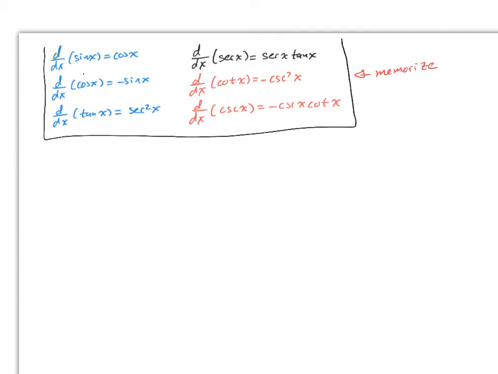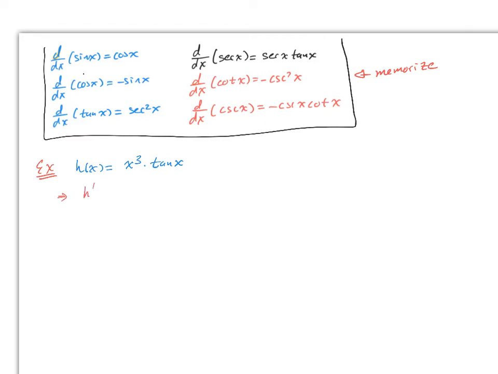Alright, so let's combine this with the product and the quotient rules now. So let's say you have this function. Let's say that h of x is equal to x cubed times tangent x, and you want to find the derivative.